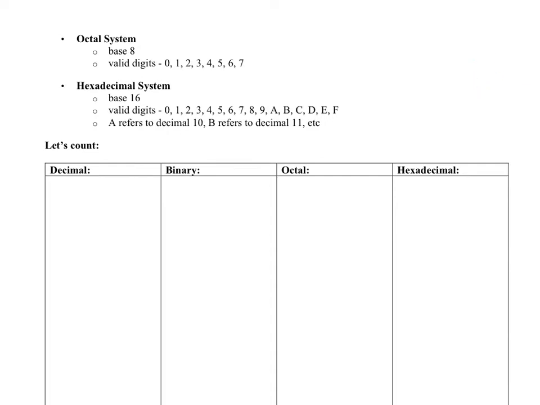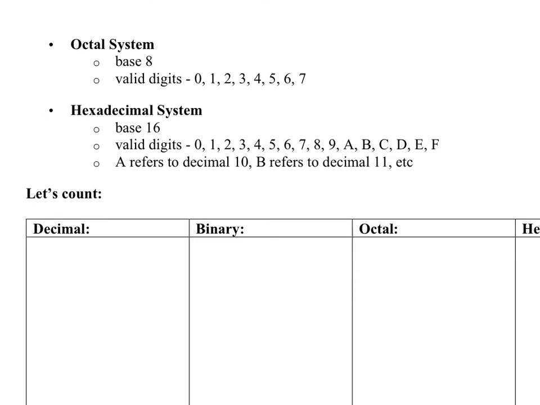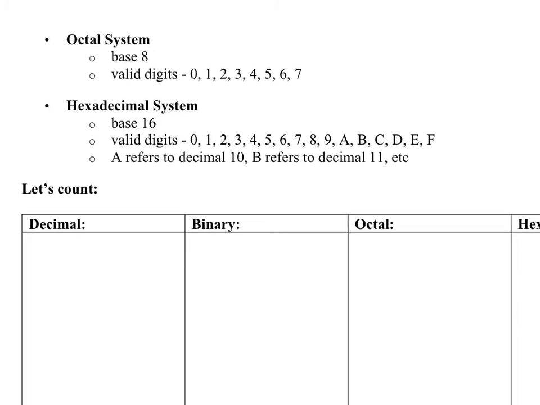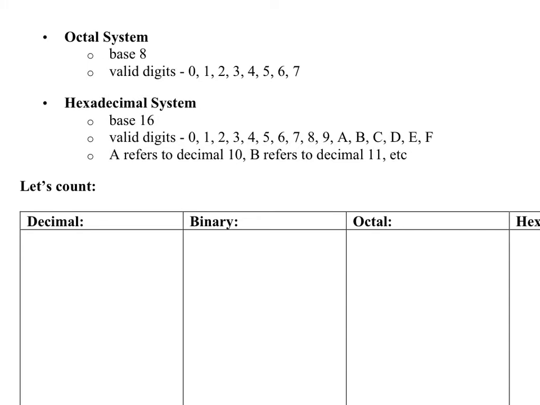Then we have the octal system. It's not used as much anymore, but we do still have to know it in this course. And the hexadecimal, which is base 16. Base 8 goes from 0 to 7 and then loops back around. Basically, there are no 8 and 9.